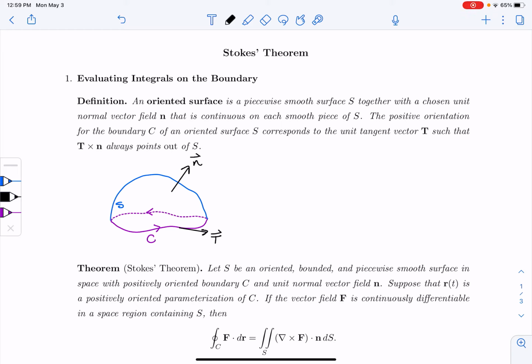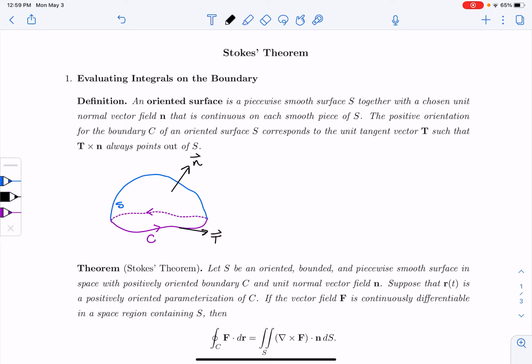So Stokes' theorem says, let S be an oriented, bounded, and piecewise smooth surface in space with a positively oriented boundary C and a unit normal vector field N. So that's the picture that you see there.